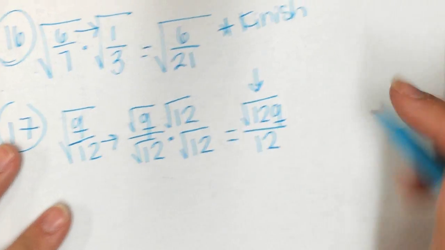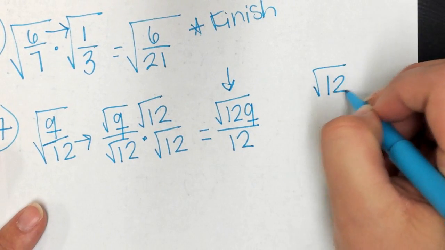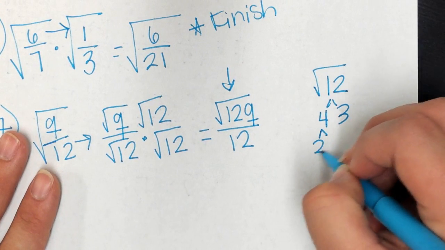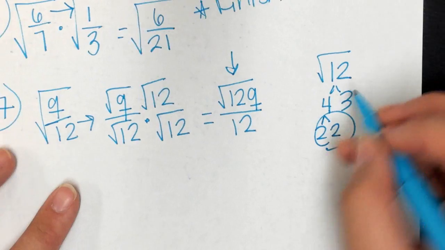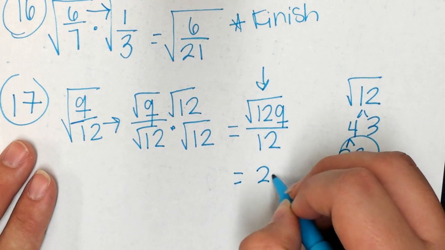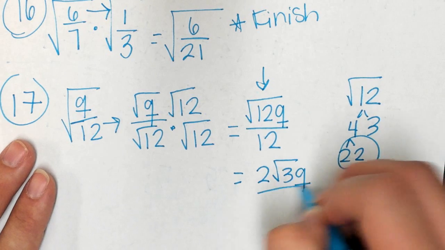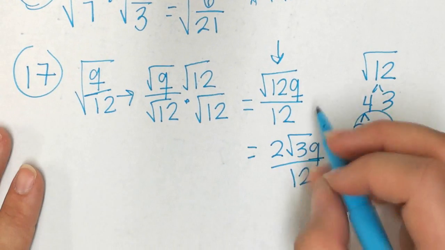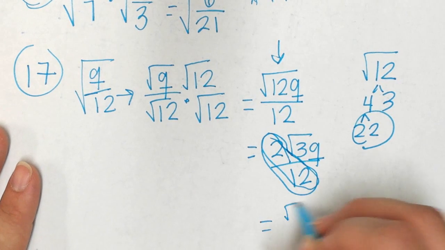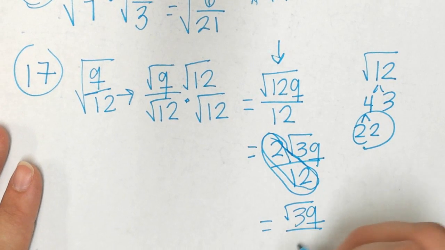The square root of 12 becomes 4 and 3, which is 2 and 2. Circle that. 3 stays outside. So this becomes 2 square root of 3q over 12, which simplifies. 2 over 12 simplifies to 1/6. So you have square root of 3q over 6.